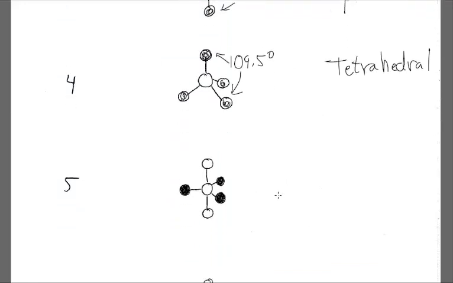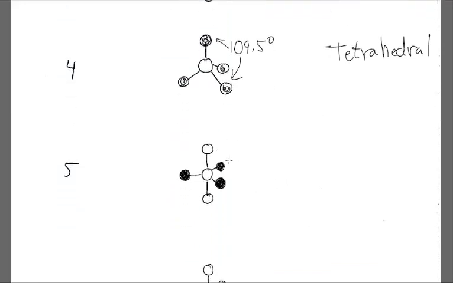If you have 5 electron groups, they spread out in this shape, which is known as Trigonal Bipyramid. And that's because it makes one pyramid on one half and another pyramid on the other half. I've colored these in shaded and non-shaded because there are actually 2 different angles in this structure.